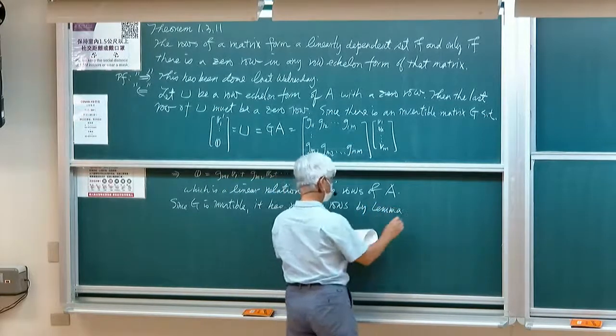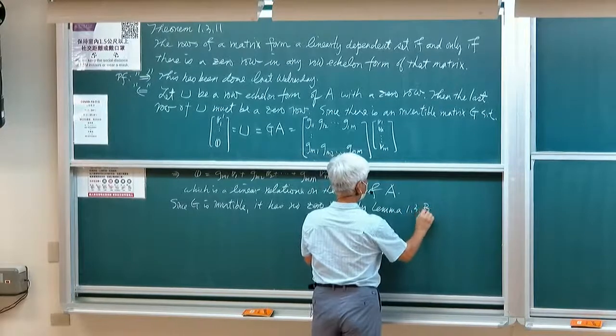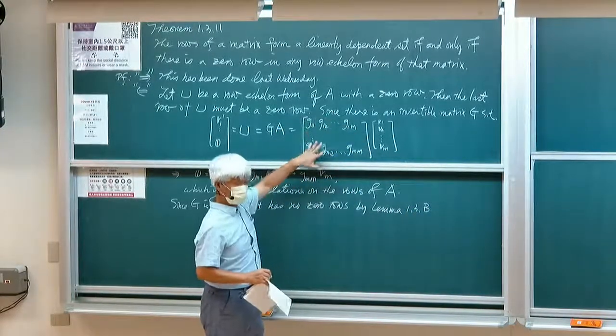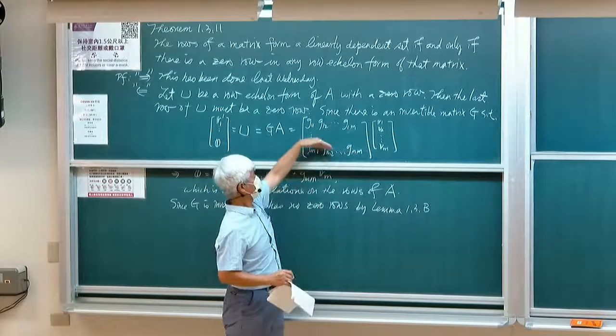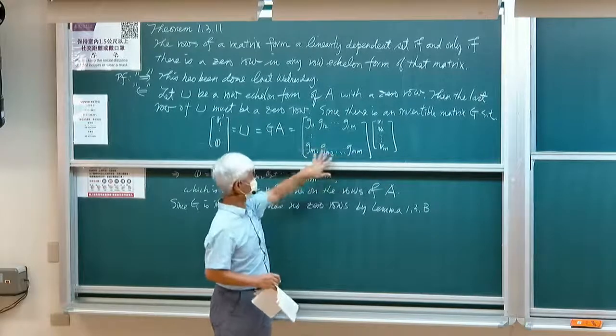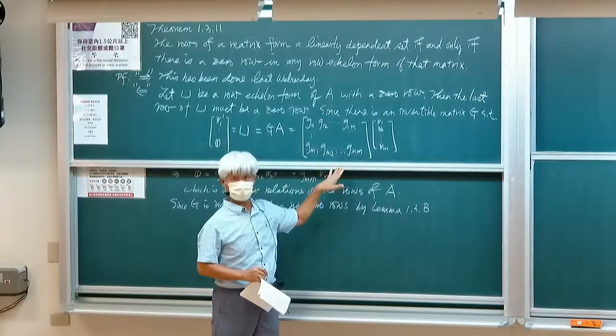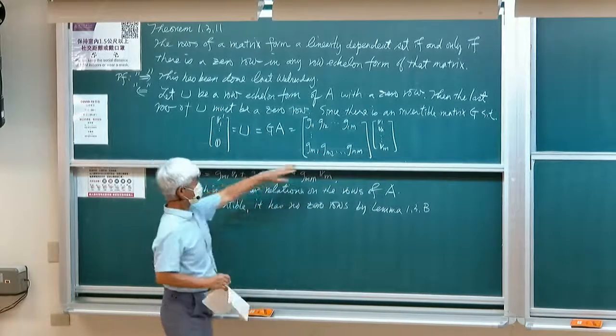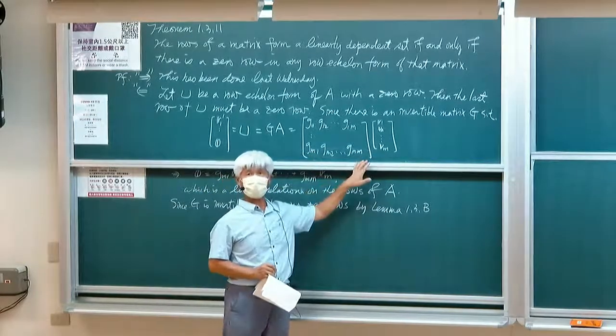We proved lemma 1.3.b last Wednesday. So when G is invertible, then no row becomes a zero row. Every row should be non-zero, so especially the last row is a non-zero row.